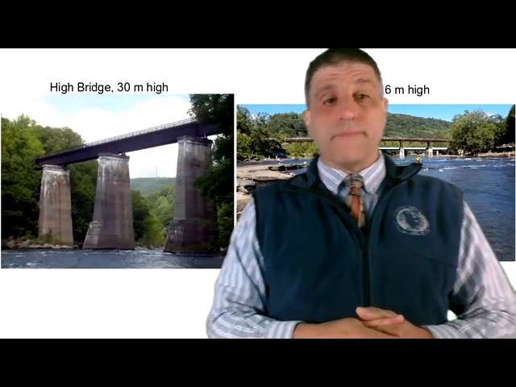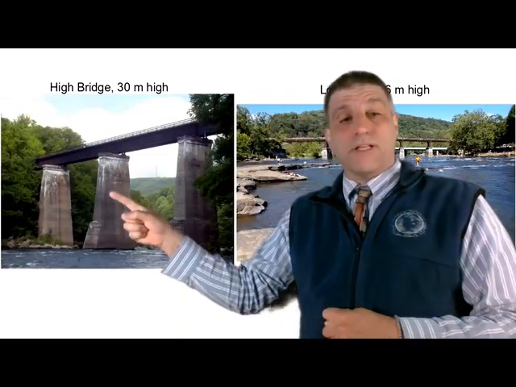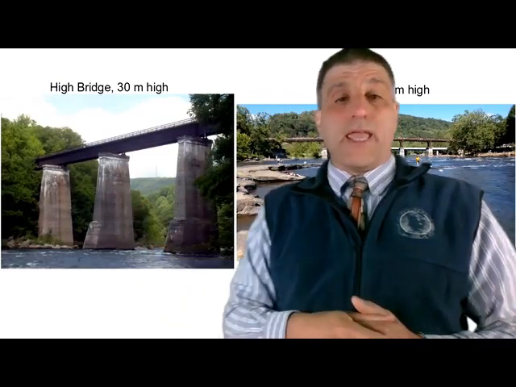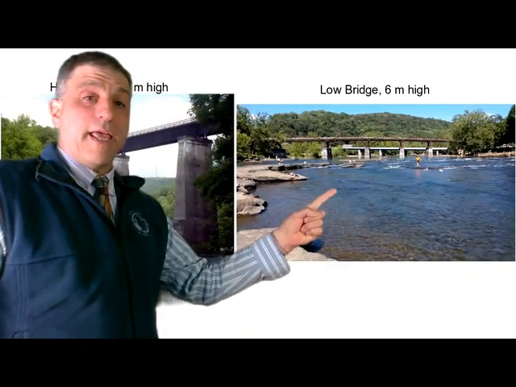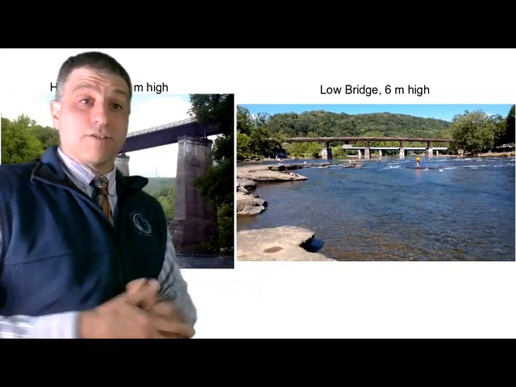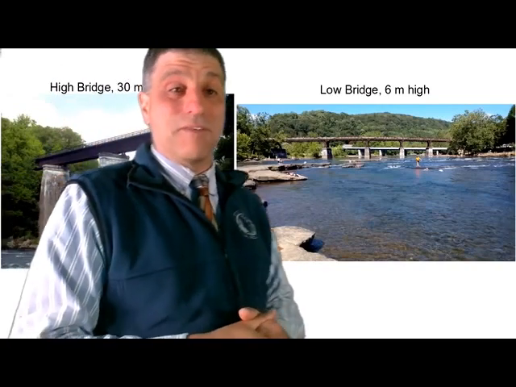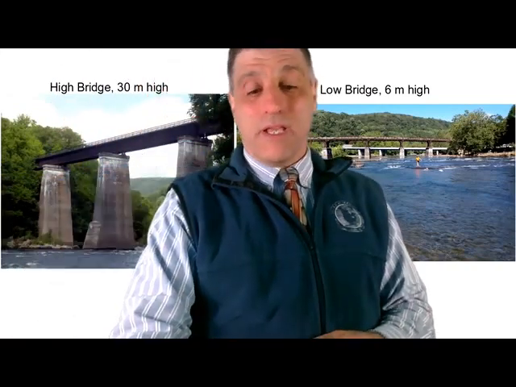So here are the bridges, right? The high bridge right here, this is the downstream, and the low bridge right here, this is the upstream. And this is, of course, on either side of the Ferncliff Peninsula. And the channel looks very different in both locations.